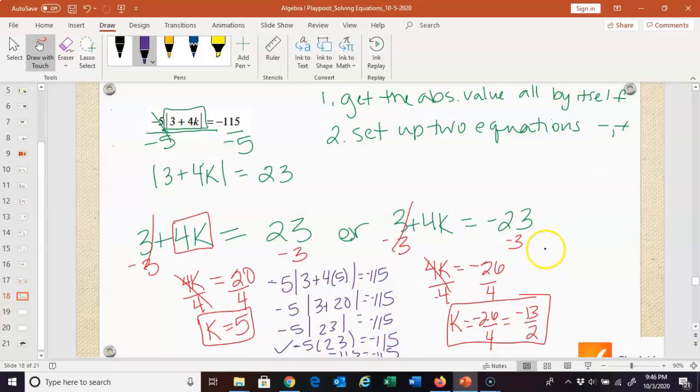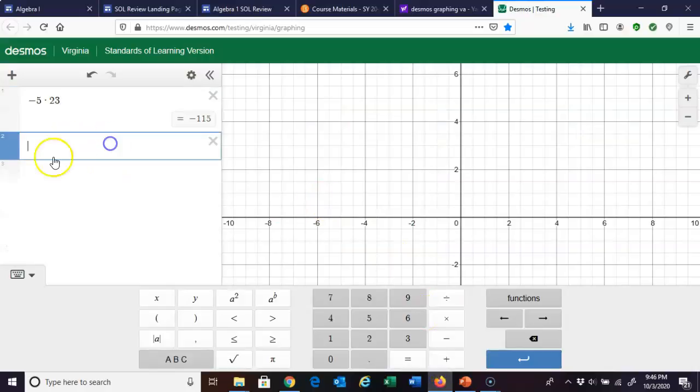Let's try the fraction. So we have negative 13 halves. Let me show you guys how to do this in the Desmos calculator. All right, so we're going to go back to the calculator. And we're going to type negative 5, absolute value. Let's find absolute value. Ooh, here it is. That's nice. I have a little bar for you. 3 plus 4.